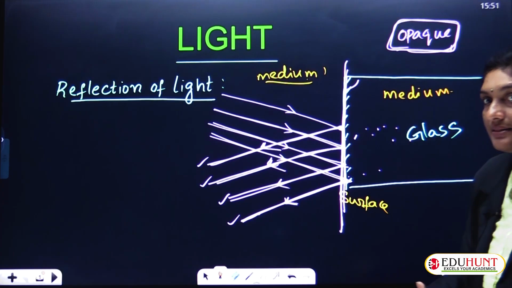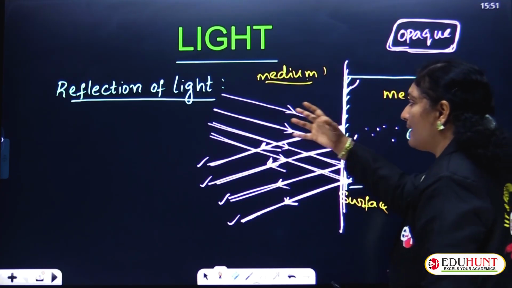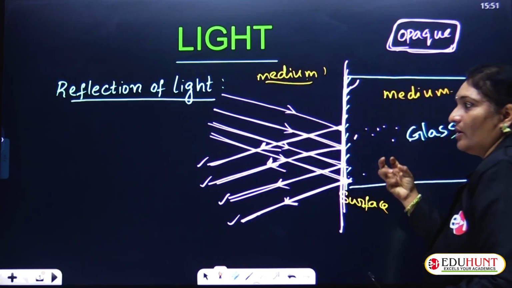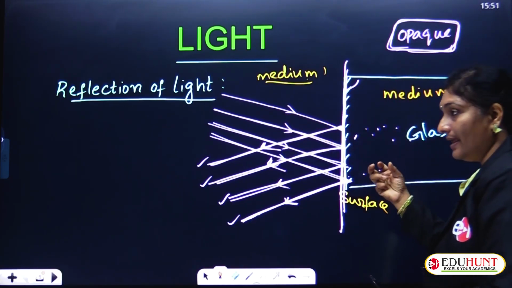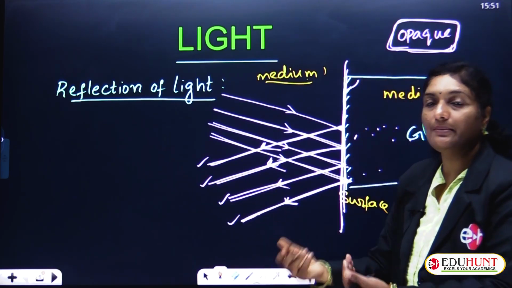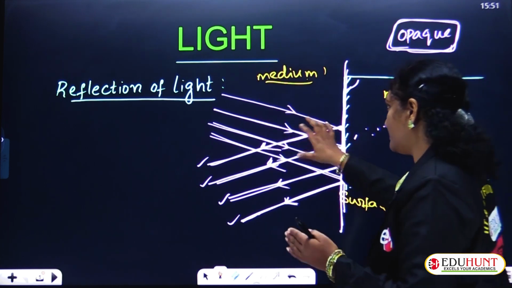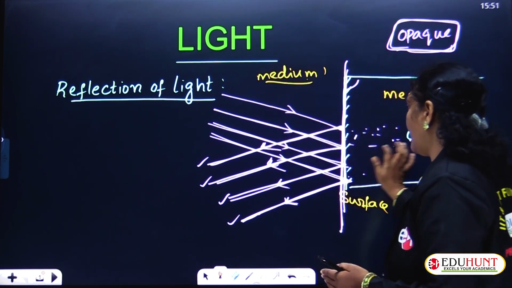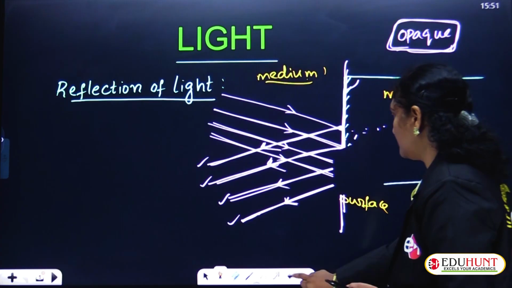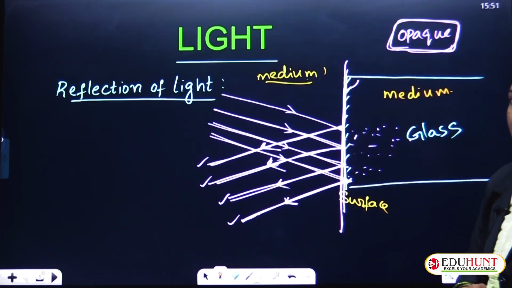But there are some other surfaces which absorb a portion of light falling on them and send back to the same medium the remaining portion of the light. That means for this light ray, some portion is being absorbed and the remaining portion is being reflected back.